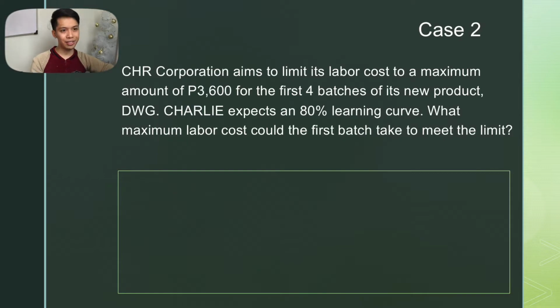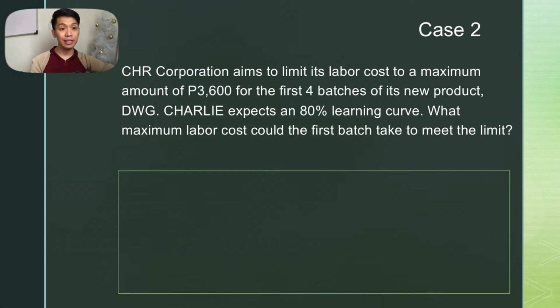So 3,600 divided by 4, that would be 900 pesos per unit. Should we be discouraged if the first unit has exceeded 900 pesos? Not necessarily. Why? Even if it would exceed 900 pesos, it can still be improved.